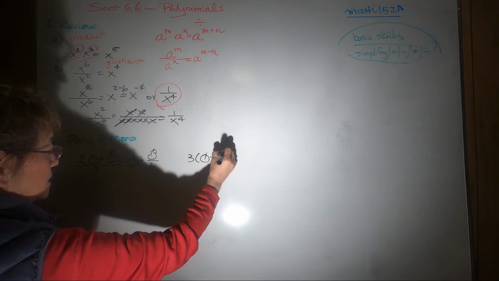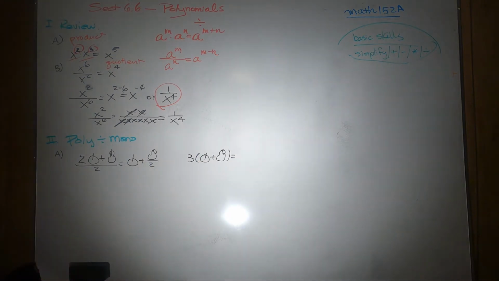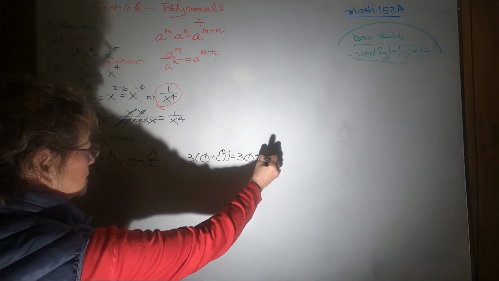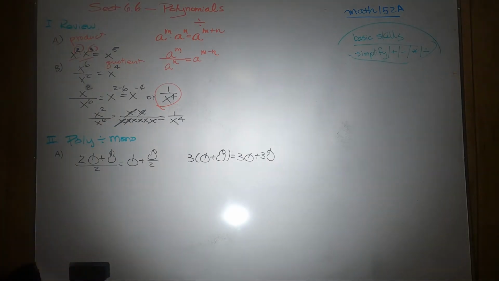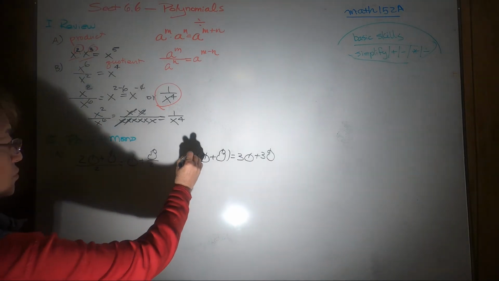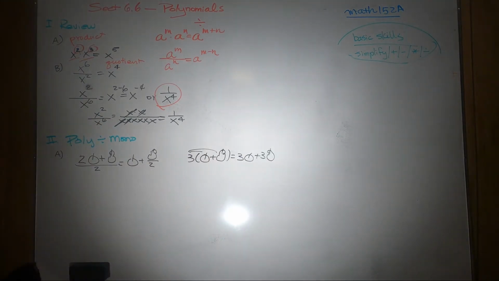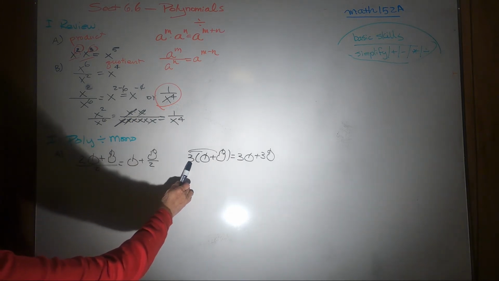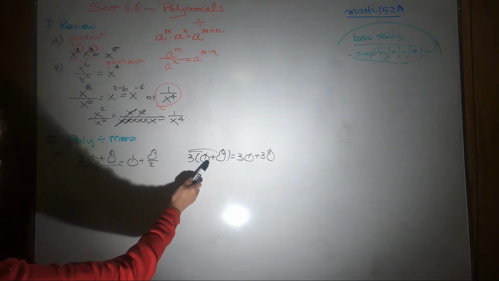If I have 1 pear and 1 apple, and I have 3 bags of them, I should have 3 apples and 3 pears, right? That means we have to distribute, okay? Because this factor has to apply to everything in the bag.